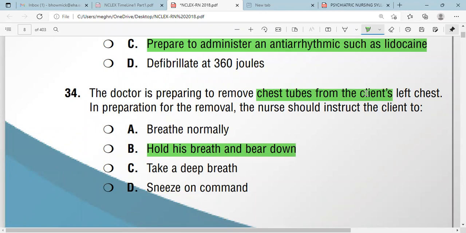So you have to prepare. To prevent the change in pressure until an occlusive dressing can be applied, we go for holding his breath and bearing down. Answers A, C, and D are not recommended, right? And also number D is difficult to perform on command.